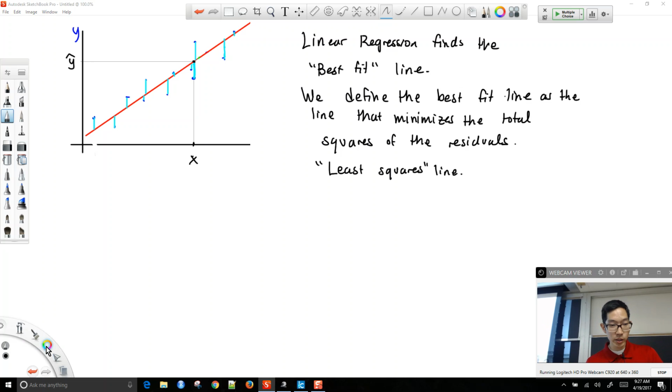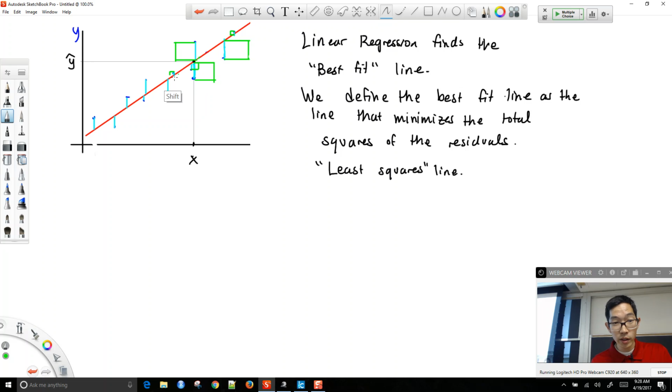And basically the idea here is we take each residual and, using the length of the residual as the side of a square, we form a square. We do this for every single residual. So we get a little square here, a big square here, another square here, and here's another square.